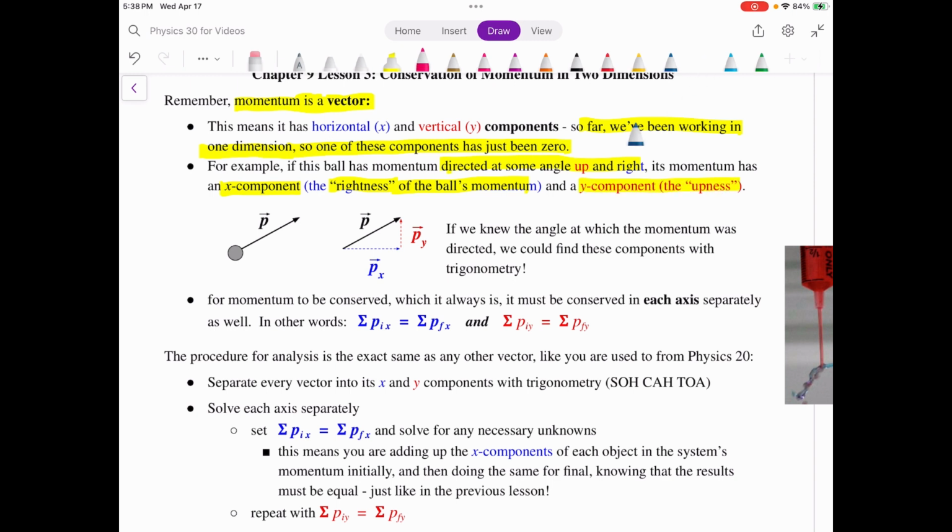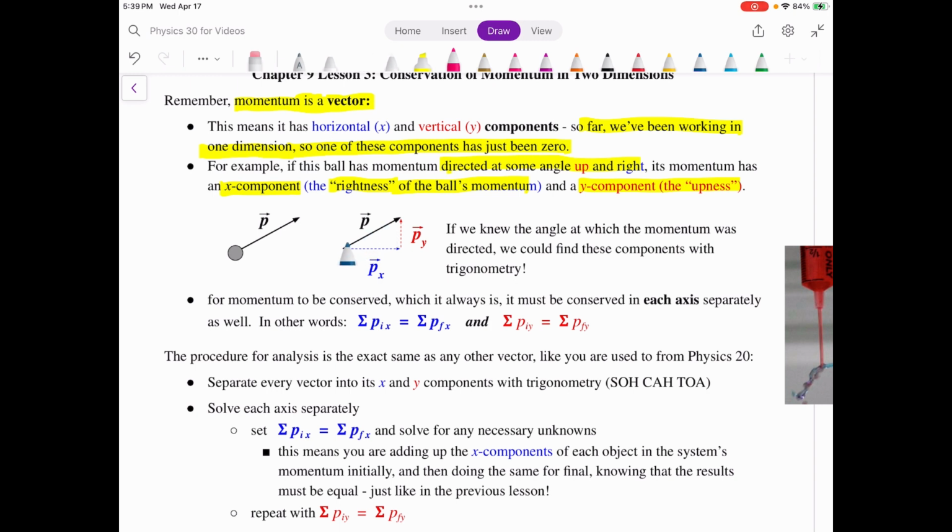And we can show that like this, right? If it's got a momentum that's at an angle like this, okay, that means it does have this much momentum to the right here. Notice that's just the horizontal length of the momentum vector. And it does have this y component, this vertical. It has this much up momentum as well. Notice that's just the upness of this momentum.